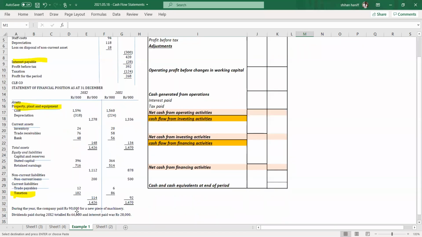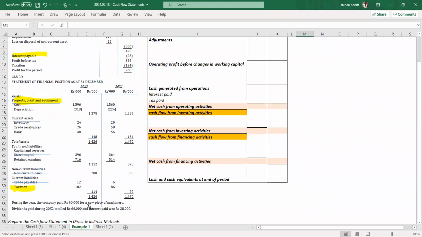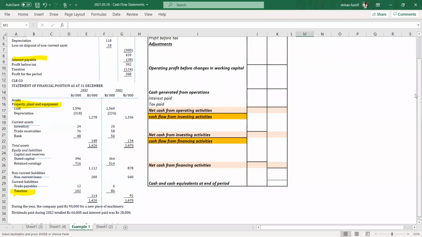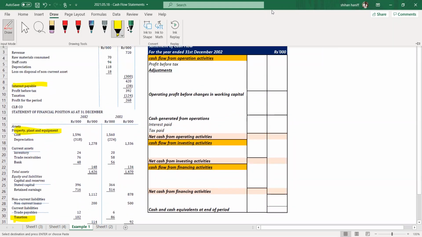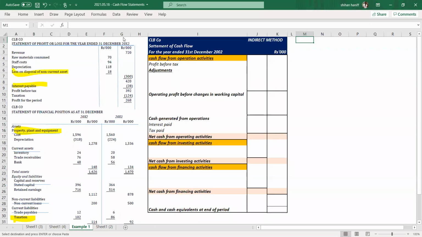and they're telling that during the year the company paid 90,000 for new piece of machinery. So there is a machinery which was purchased during the year. And also, if you go through the income statement or profit and loss, there is a loss on disposal of non-current asset. Loss on disposal means there is a disposal of non-current asset.